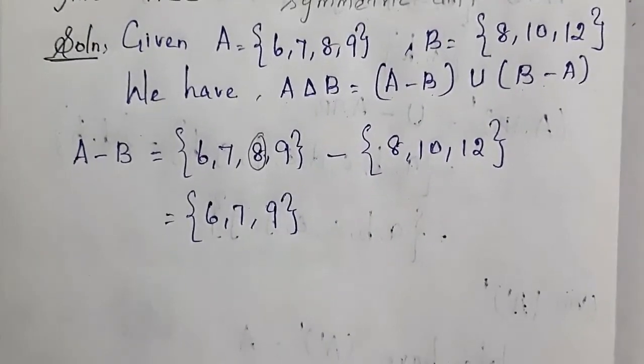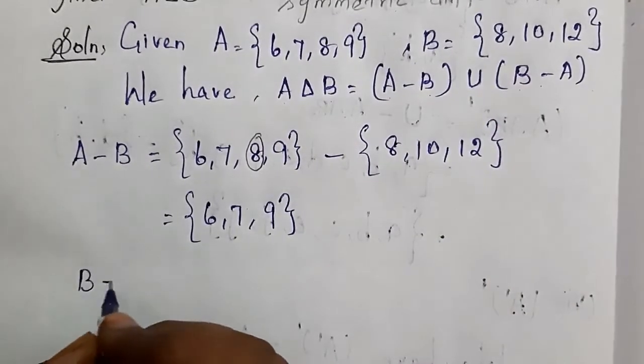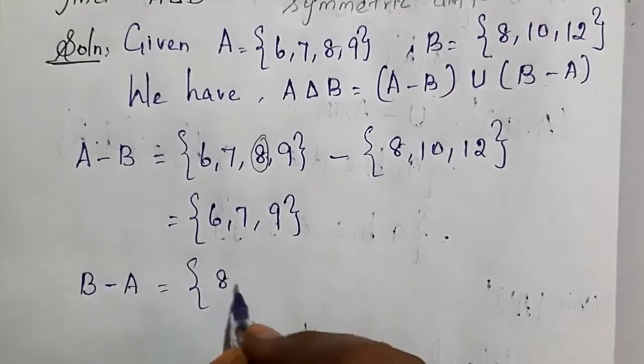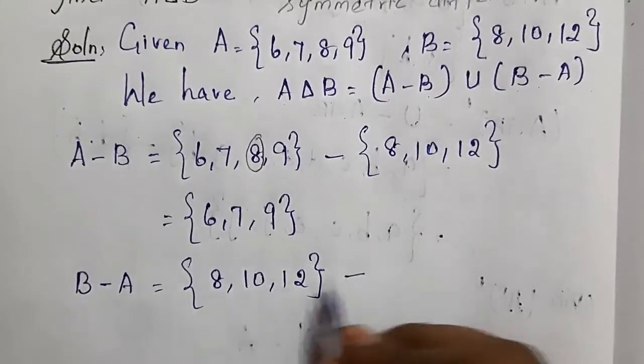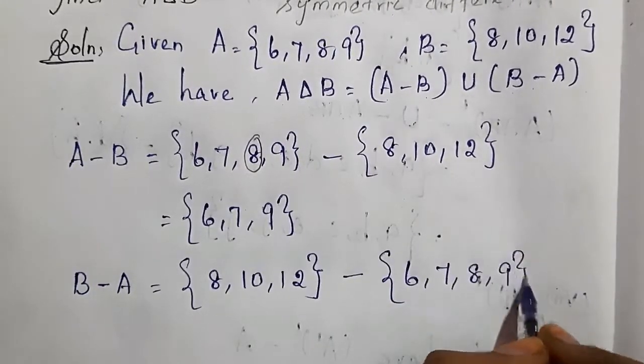Next we can find out B minus A. B minus A equal to set of all, write B set 8, 10, 12 minus, next write A set 6, 7, 8, 9.